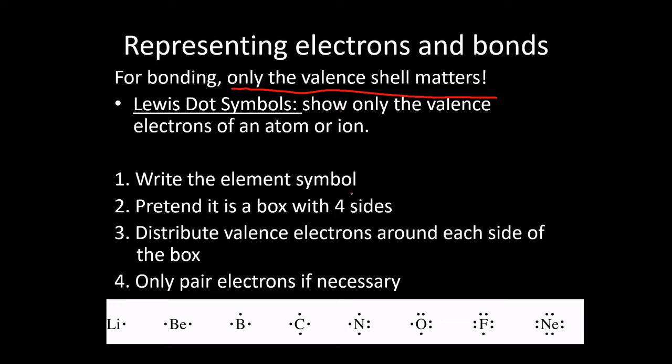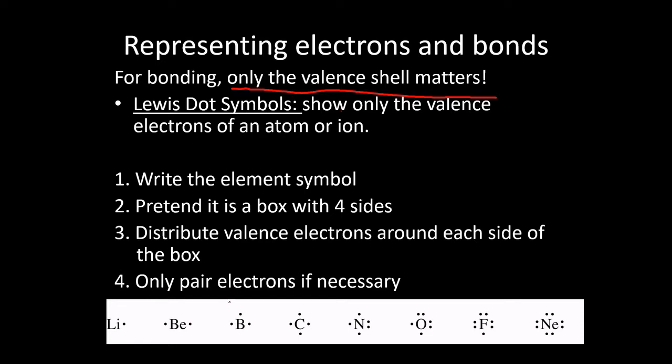So when we're writing the Lewis structure for a single element, what we're going to do is take the symbol for that element, pretend it is a box with 4 sides, and then distribute the valence electrons around each side of the box evenly. And we're only going to pair them up if necessary. Now here in this little example, they make a point of putting one dot here and then the second dot on the opposite side.